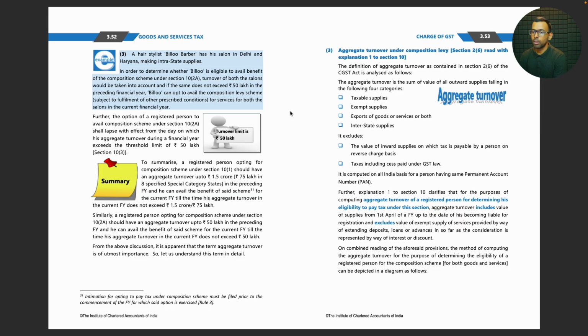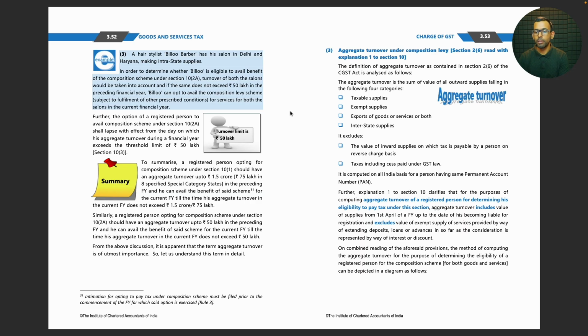Aggregate turnover under composition levy: section 2 subsection 6 read with explanation 1 to section 10. The definition of aggregate turnover as contained in section 2 subsection 6 of the CGST Act is analyzed as follows. The aggregate turnover is the sum of the value of all outward supplies falling in four categories: taxable supplies, exempt supplies, export of goods or services or both, and interstate supplies.